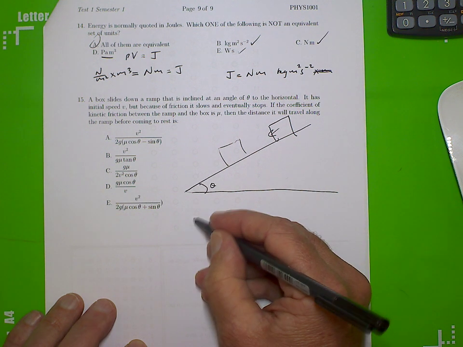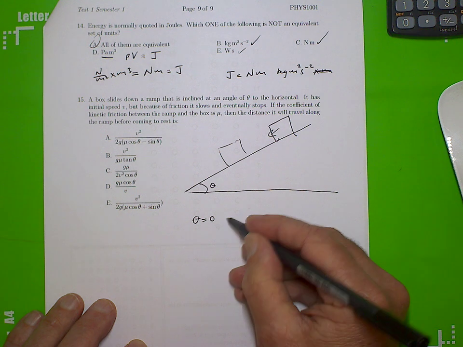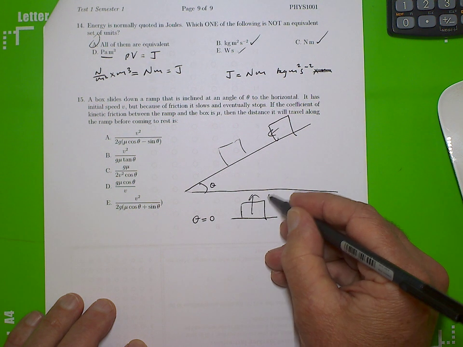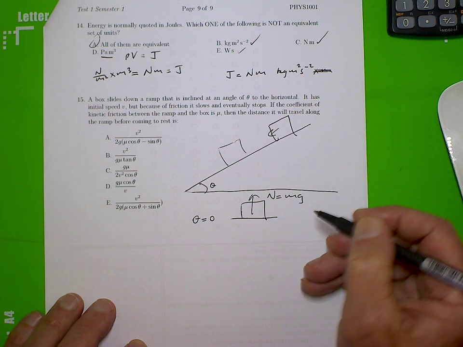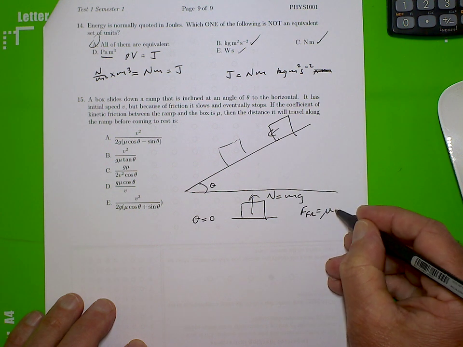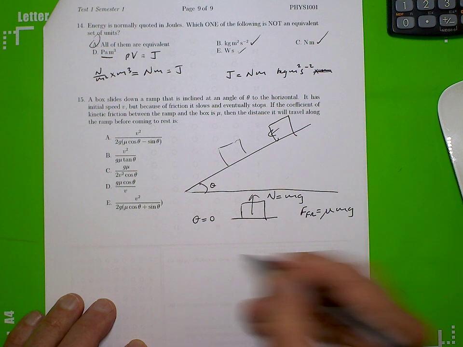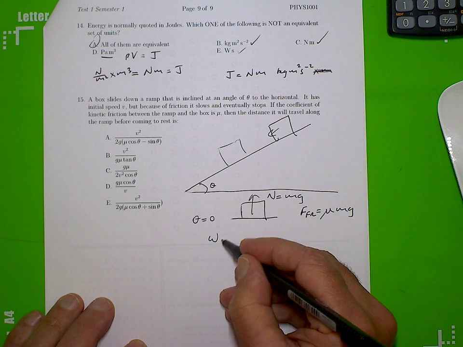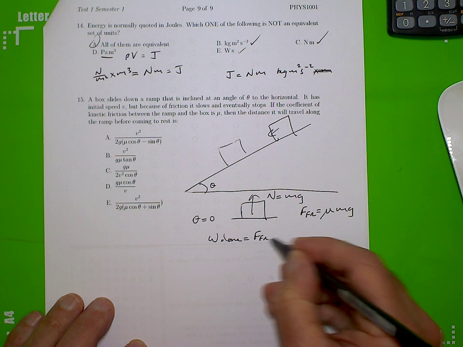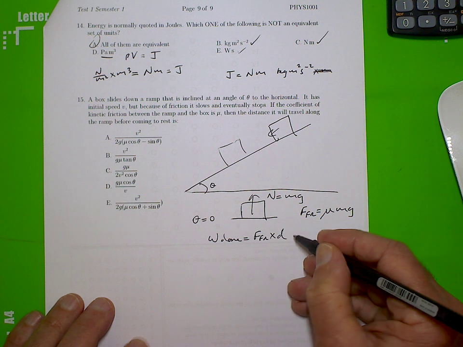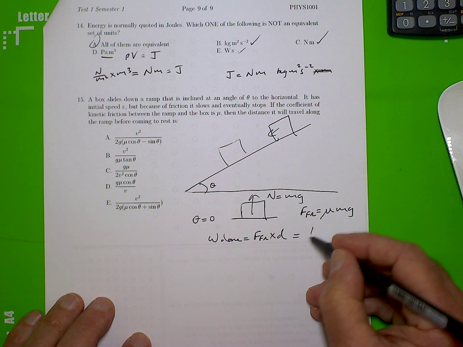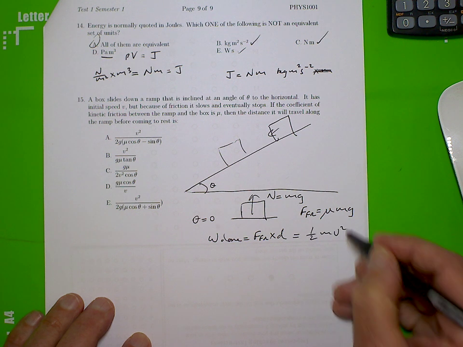Well, if theta is equal to 0, then the box is sitting here like this. It has a normal force, normal equals mg, and so therefore the frictional force is equal to mu mg. Therefore, the work done by the frictional force is equal to the friction force times the distance it takes to stop, and this must be equal to the total amount of energy lost, which is a half mv squared.